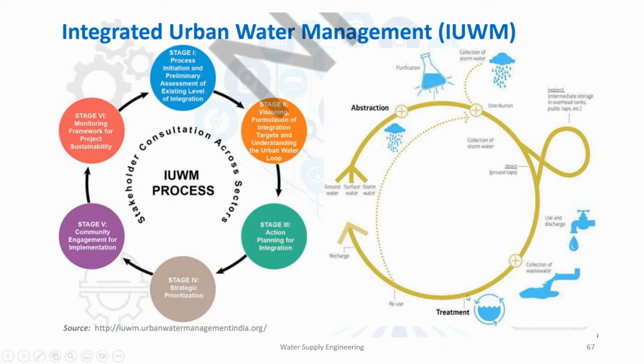We have to treat this wastewater. If reusable, we have to reuse. If rechargeable, we have to recharge, or we have to dispose it off. Once disposed, that water is no longer a part of urban water cycle. Okay, the remaining water will be continuing to flow in this urban water cycle itself.